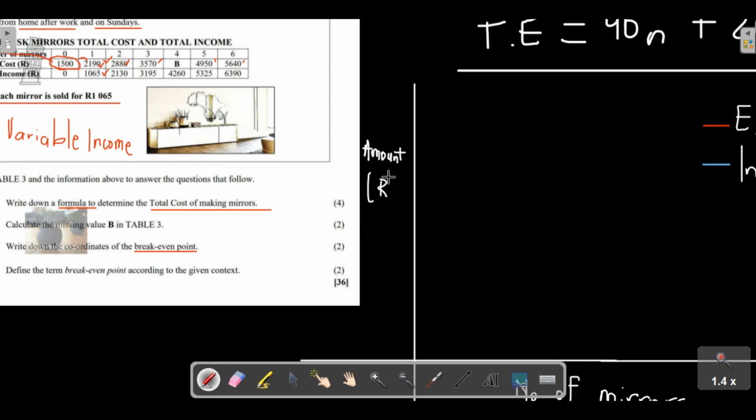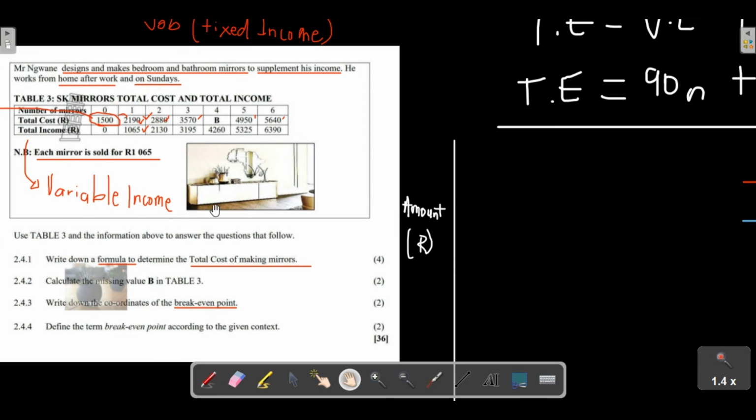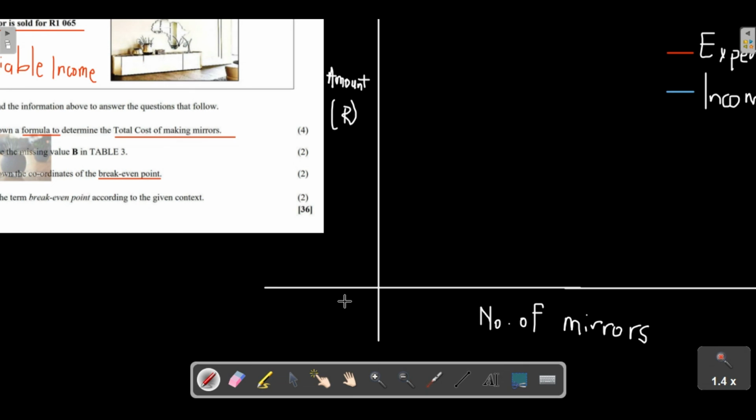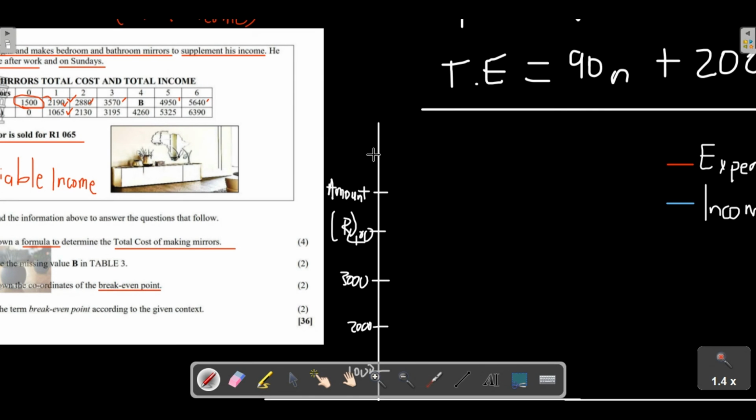So from 1,500 to 5,000 to 6,000, we can use maybe 1,000, 2,000, and so on. That's 3,000, that's 4,000, that's 5,000, that's 6,000, and that's 7,000.